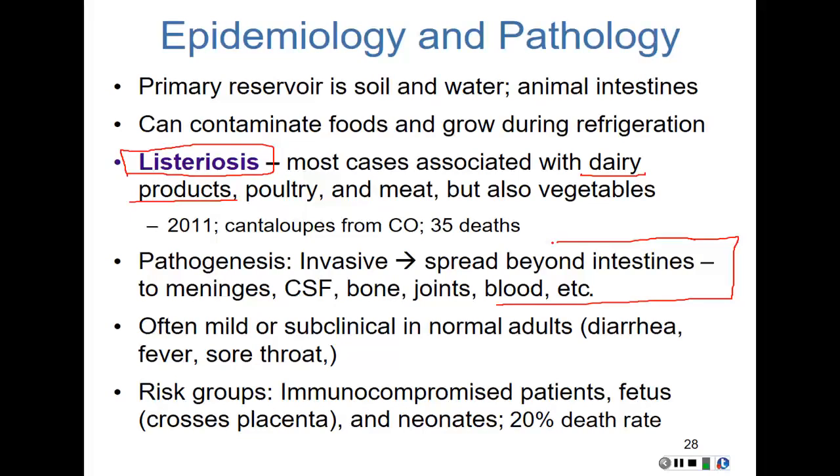Okay, so think about it: some of these organisms that we're learning about cause foodborne related diarrhea, and some of them go beyond. We talked about one that goes to neuromuscular, and now we're talking about one that has another kind of dissemination. Could also be neurologic.